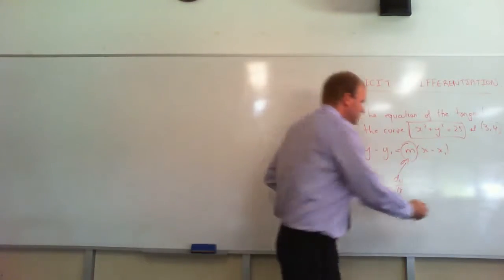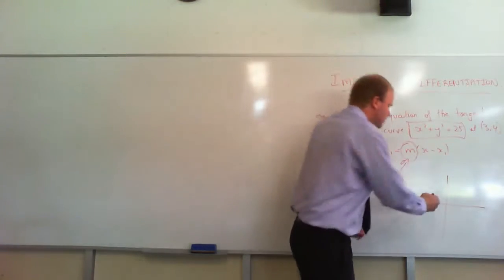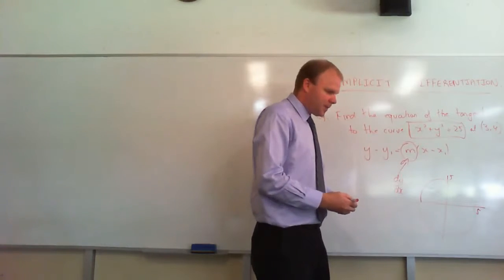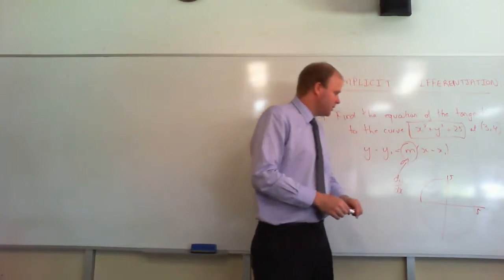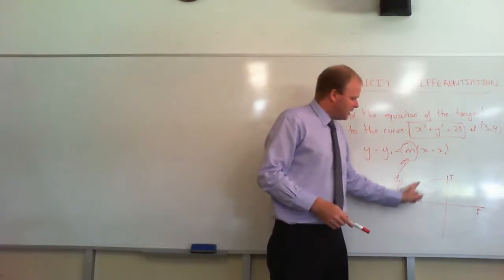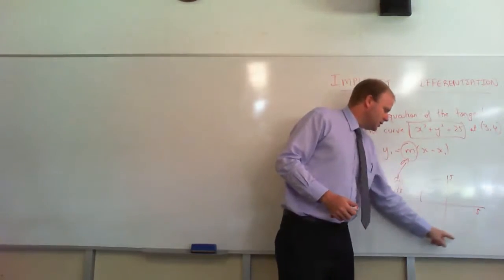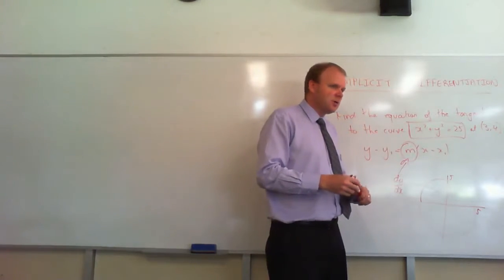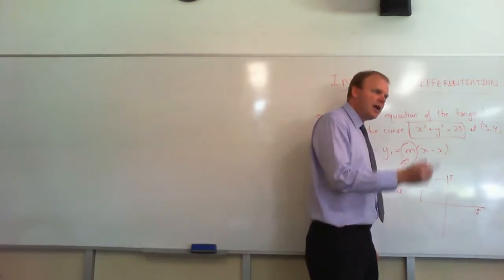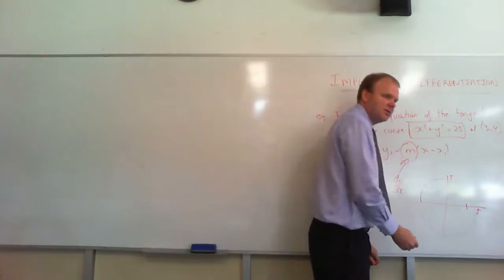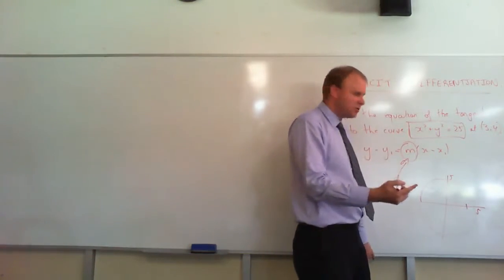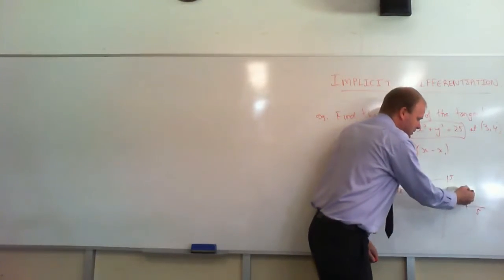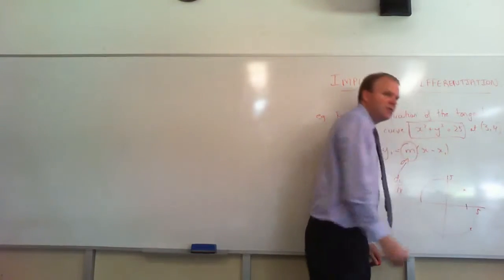And just to contextualize that, remember this here is the equation of a circle with a radius 5. If you go way back to your Maths B work, you remember that a circle is not defined as a function. Remember the rules for a function? For every x value, there can be at most one y value. But for this particular x value, there's two different y values.